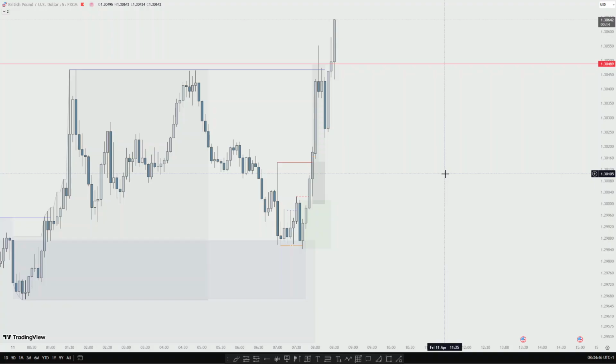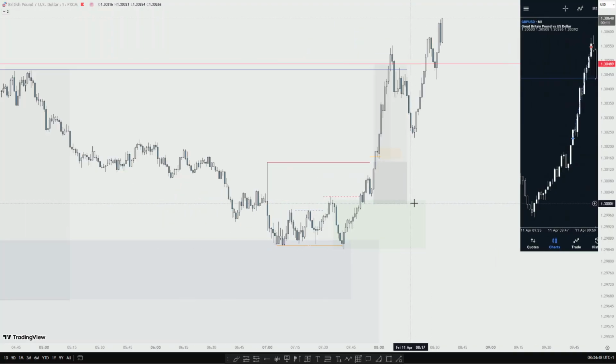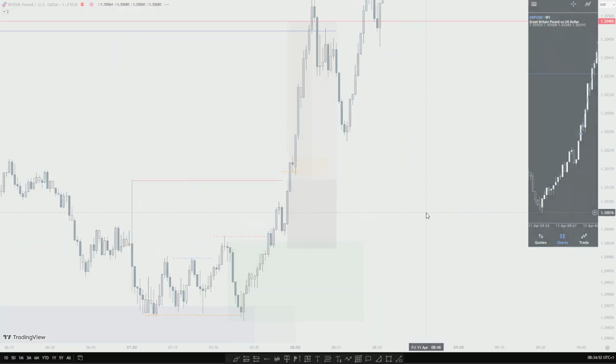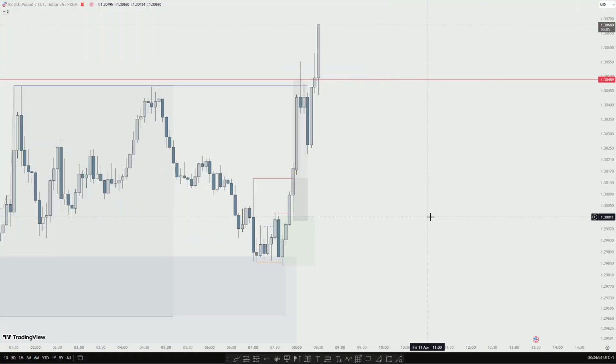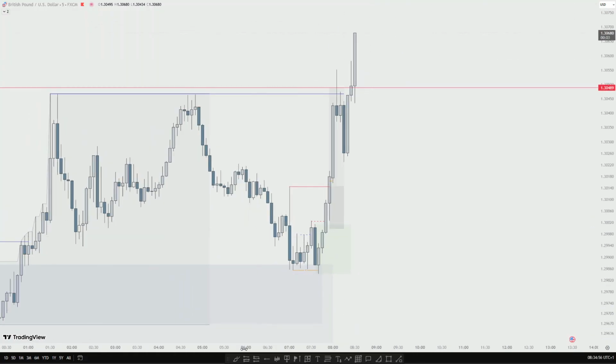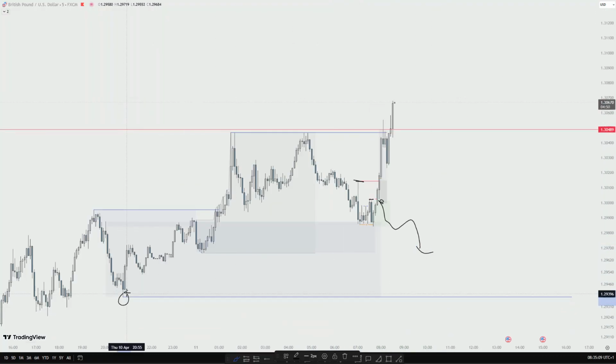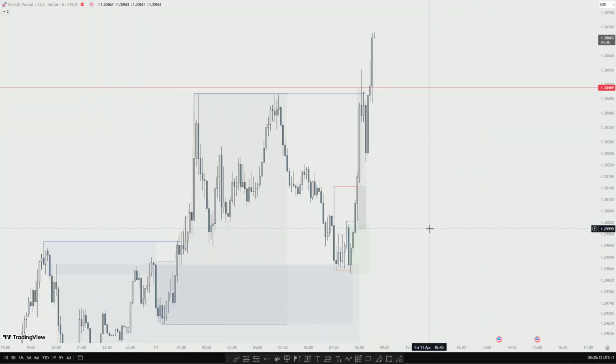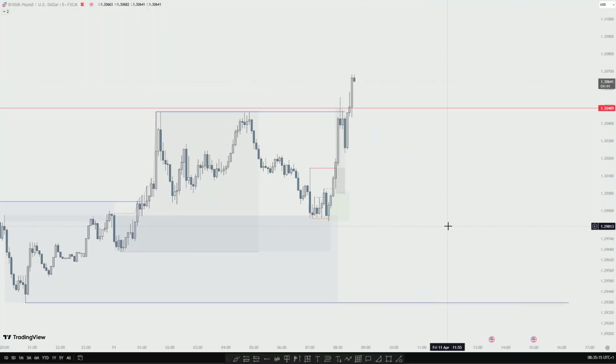So on M5, I then waited for the M5 order flow shift, because that wasn't very convincing: price could easily take this liquidity and push lower, because we have the Asia low below. So I wasn't that happy to take that long.